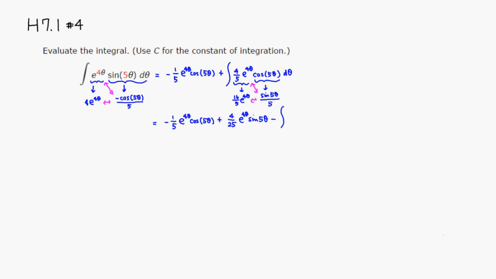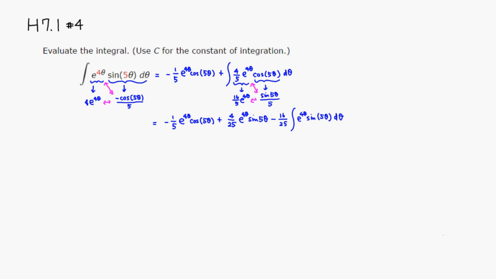I'm going to put the constant outside, so it's 16 over 25 outside, then the integral of e^(4θ) sine of 5θ dθ.